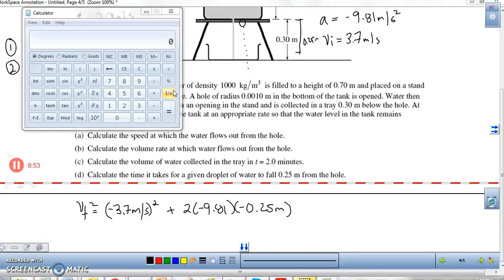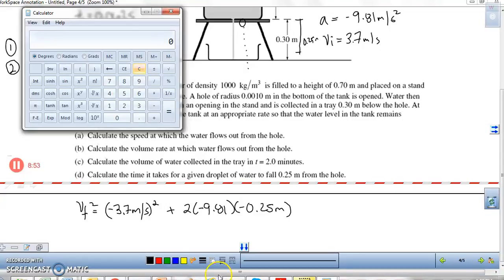So 2 times 9.81 times 0.25 gives us 4.9, so I'll remember that number. 3.7 times 3.7 squared is 13.69, plus 4.9.